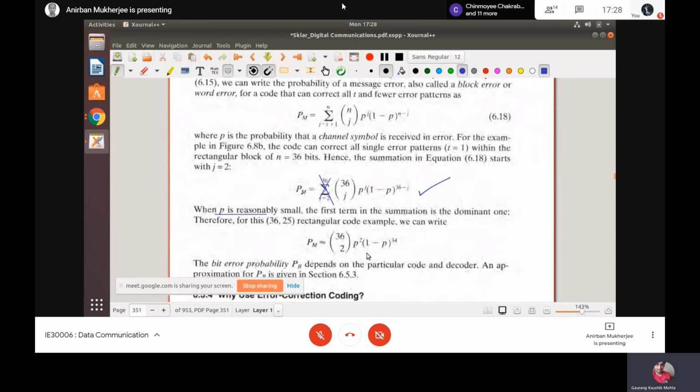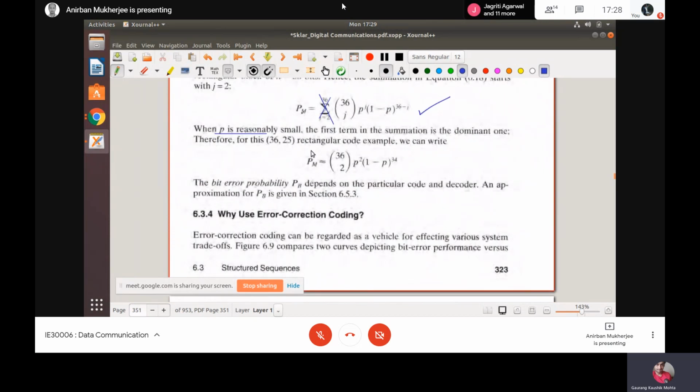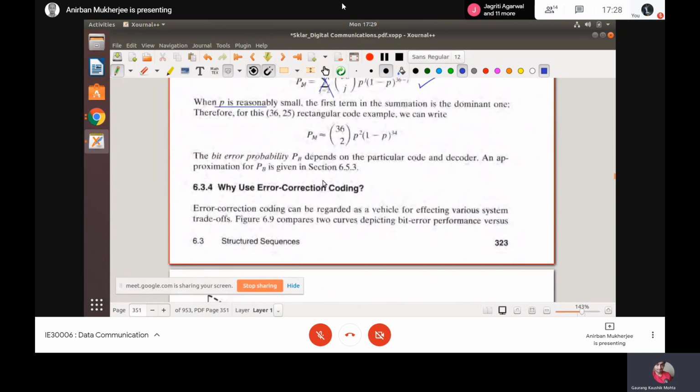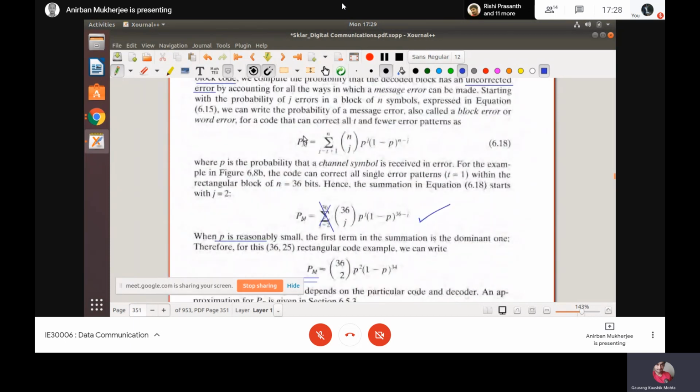This is why we put this, so that you have some idea. Otherwise, you have to do all this addition, or you can do 1 minus the other one. Anyway, this is the probability of the undetected error.